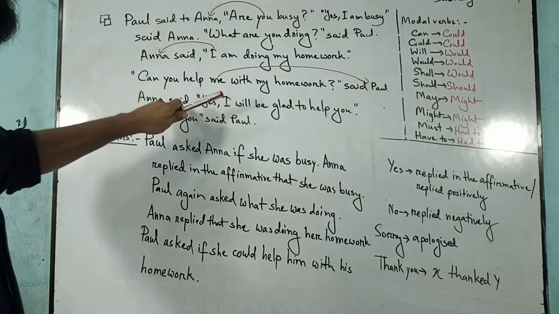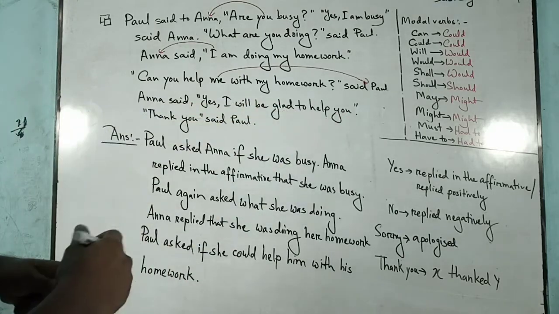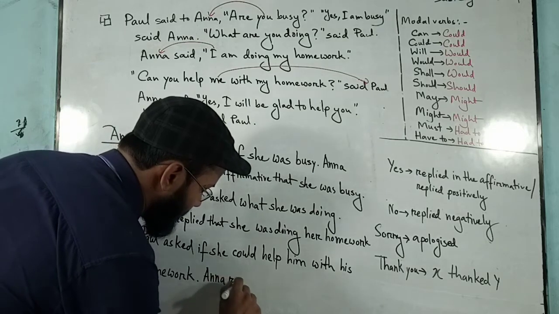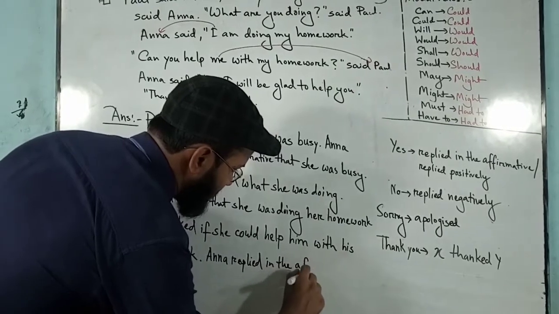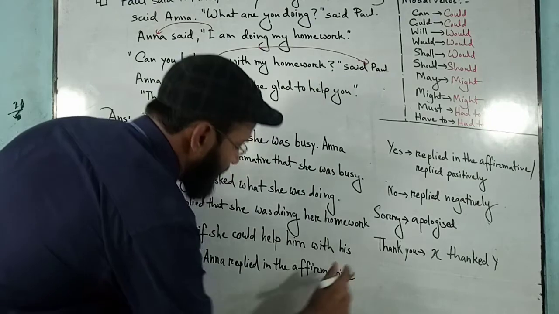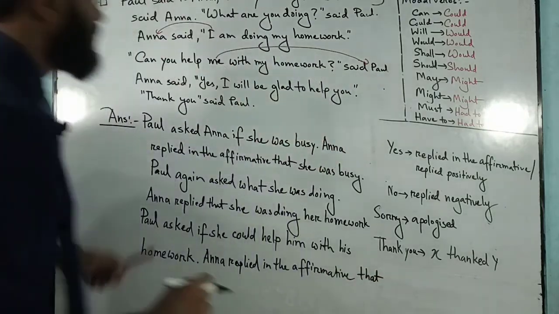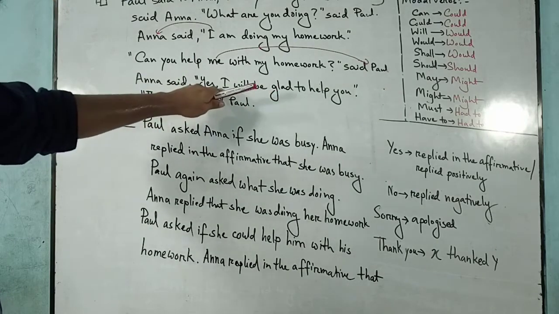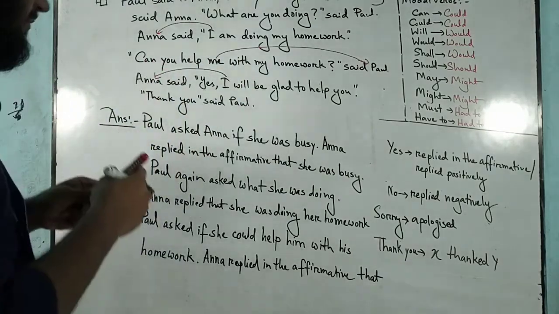Now Anna said, yes, I will be glad to help you. So we can write this as, Anna replied in the affirmative, since she says a yes in the beginning of the sentence. Anna replied in the affirmative that, what she says further is, I will be glad to help you. So the person I is actually Anna, as we know.